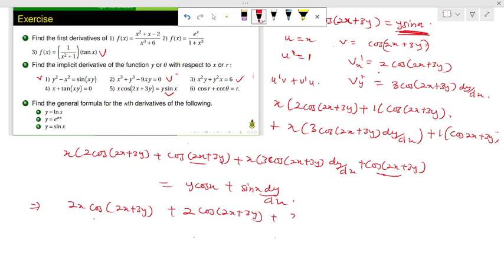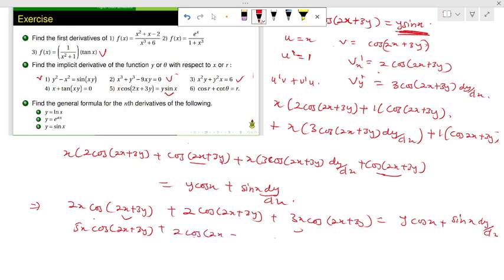Here I'll have 3x cosine of 2x plus 3y all equal to y cos x plus sine x dy on dx. Now this and this will add to be 5x cosine of 2x plus 3y plus 2 cosine of 2x plus 3y is equal to what I have still, plus sine x dy over dx.